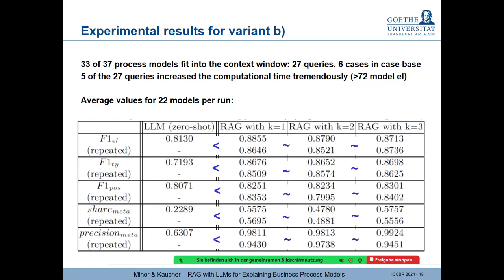But if comparing the different RAG configurations, you also see that taking into consideration more than one in-context example does not improve the quality of the results, or it improves it only marginally.